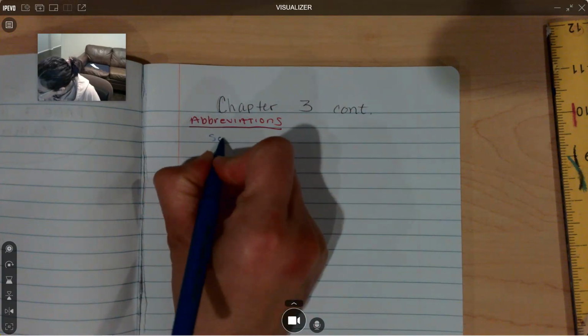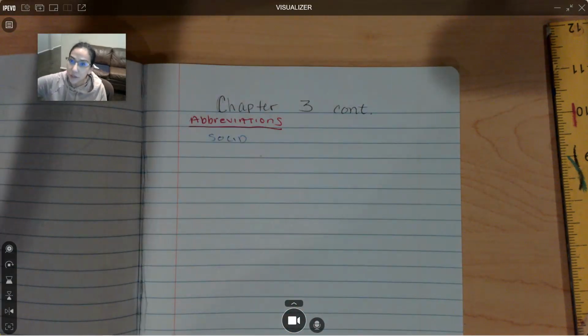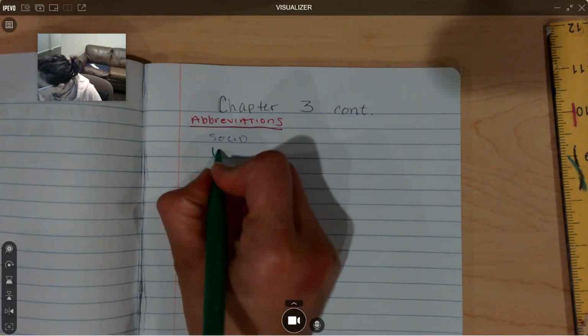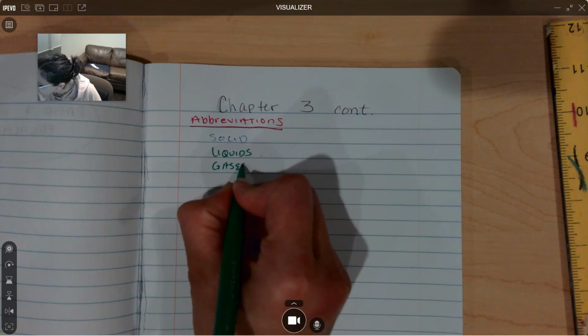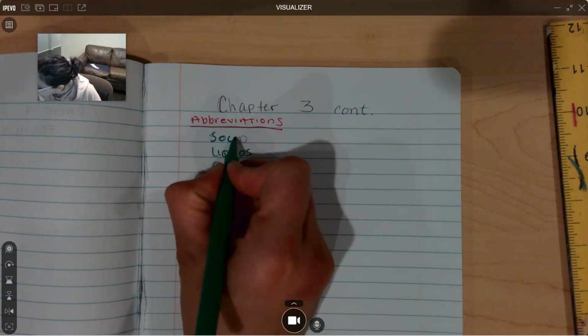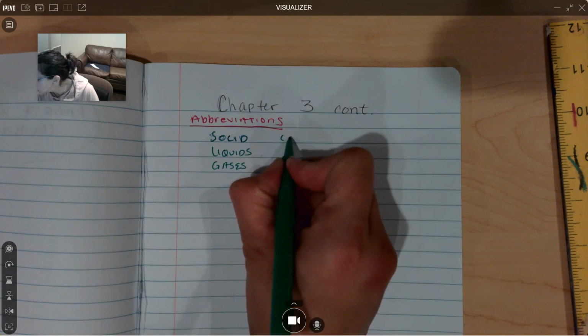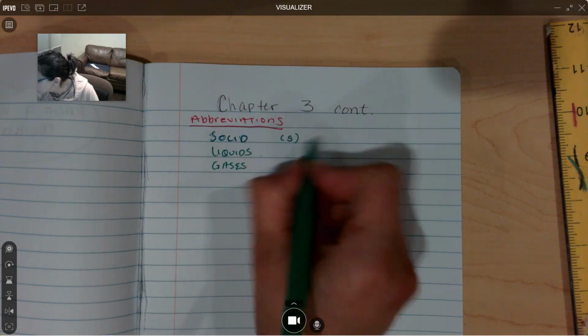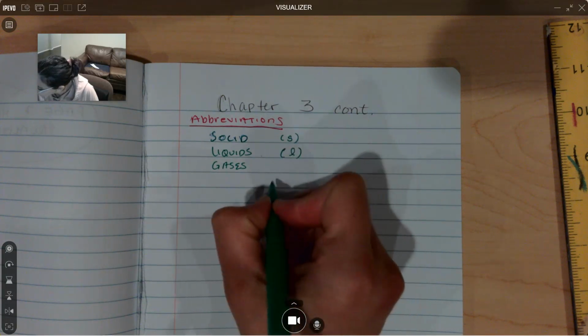So most of us know that matter is composed of solids, liquids, and gases. And solids, when we see them in a chemical equation, you're going to see them like this. Liquids, you'll see them like that.